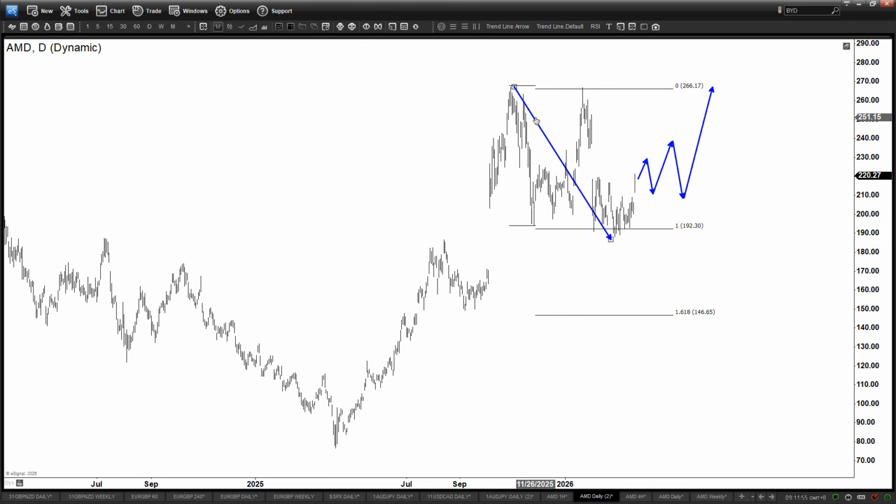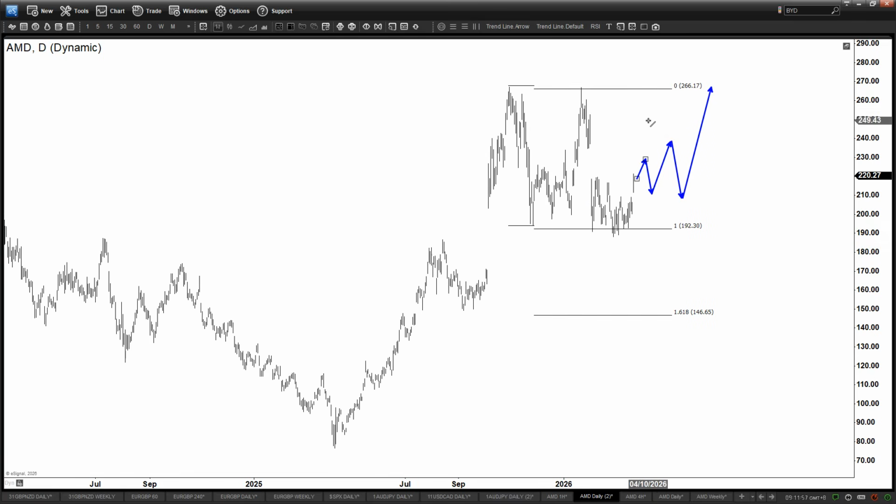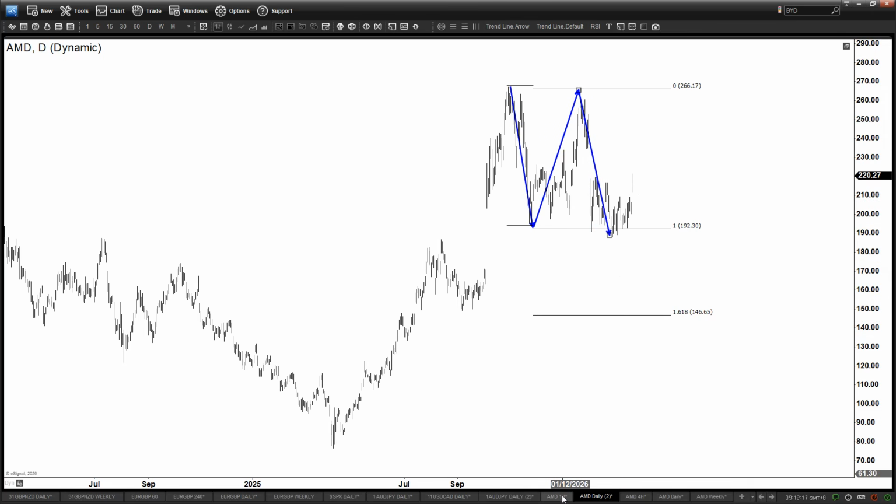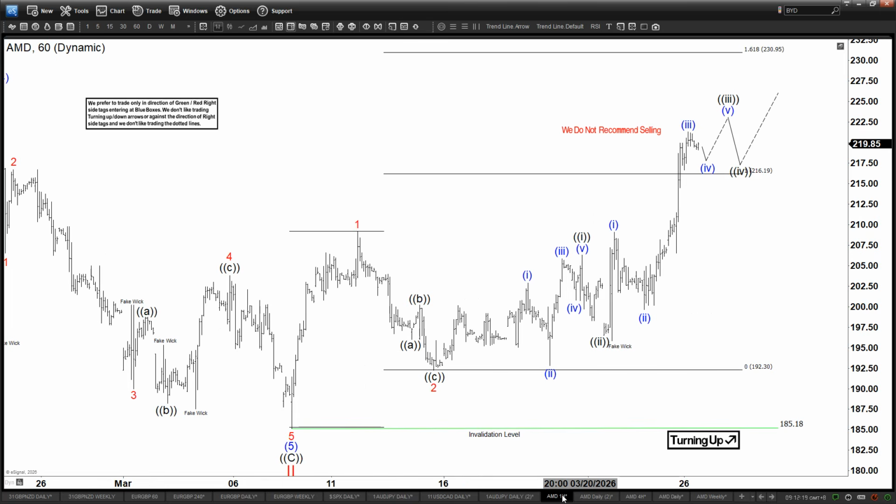Because if this is actually a bearish market, or we were expecting a much bigger reversal, then we would have been seeing something like this: 1 2 3 1.618 4 5. But the fact that we only have 3 swings down, bouncing from the 100%, suggests the market still remains bullish for now. Okay, so that is the update, guys.